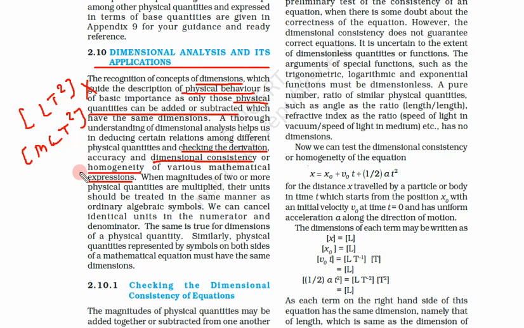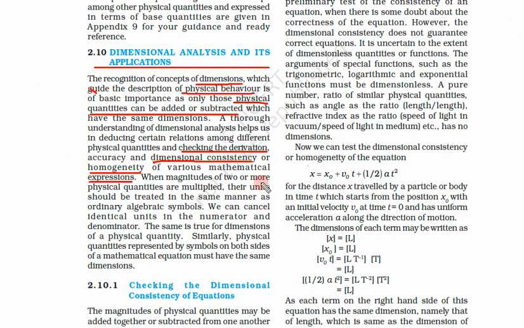If we want to add them, what should we do? We should divide the second quantity by M, or multiply the first quantity by M. Then both have the same dimensions, and both can be added. This type of thing we can tell with dimensional analysis, so it is of very great importance.